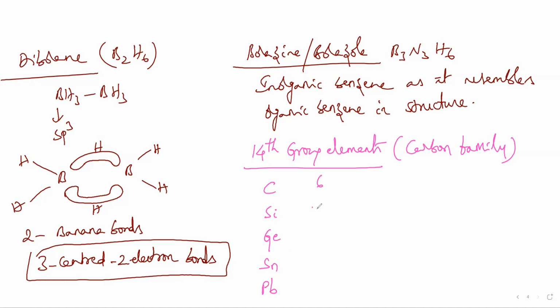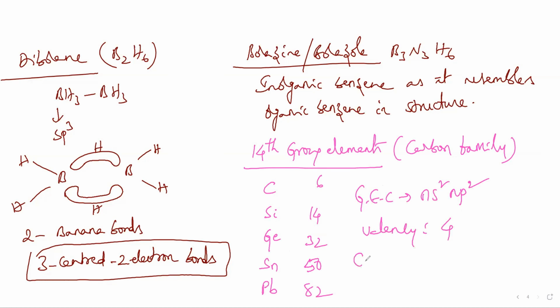Carbon 6 plus 8, 14, 14 plus 18, 32, 32 plus 18, 50, 50 plus 32, 82. And what is the general electronic configuration? ns2 np2. Valency 4. Common oxidation state it will exhibit: +4.